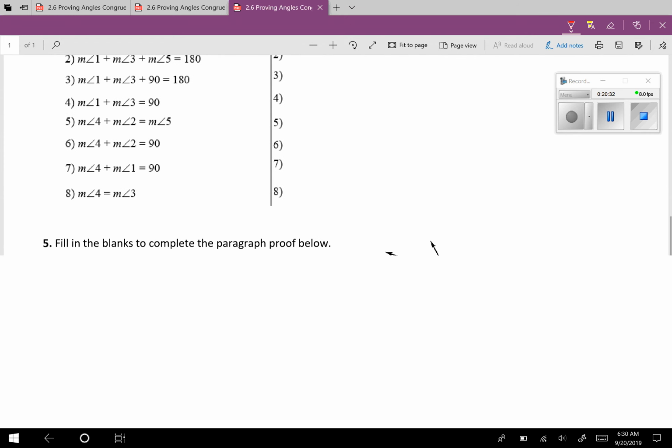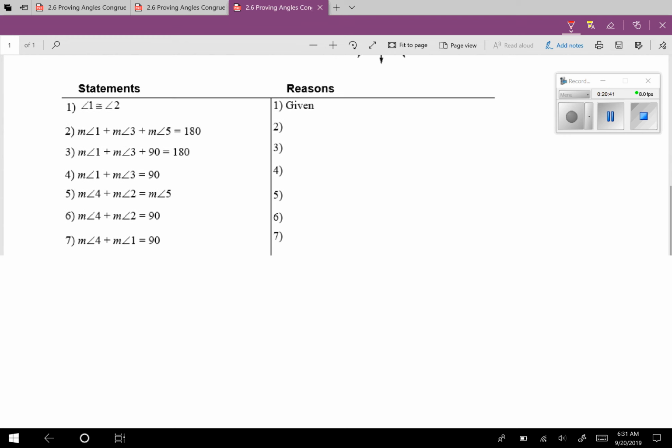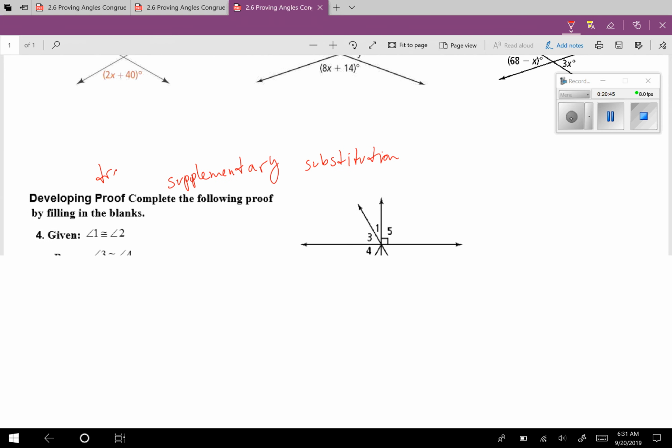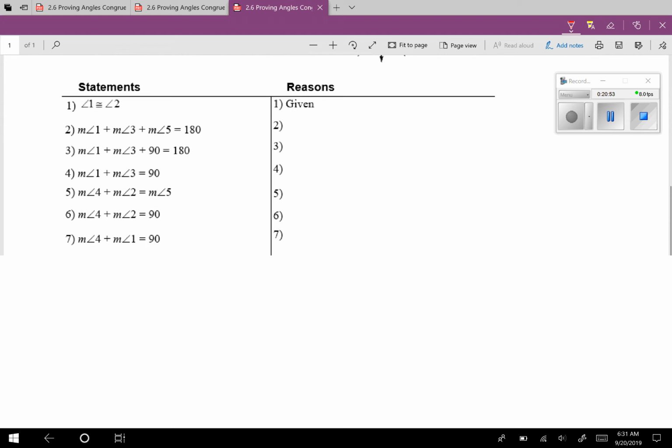If you're replacing something with a number, then that's substitution. Okay, and then also transitive. Yeah, you'll have transitive in here. So those are some of the reasons that you're going to use for this proof there.